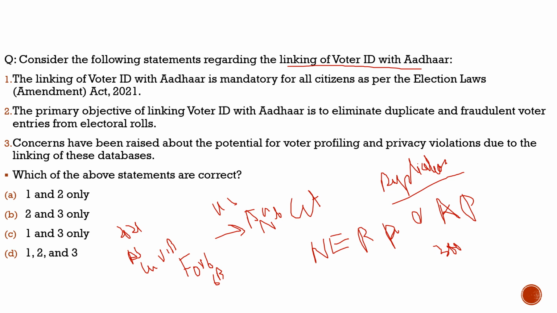Then in 2021, the Representation of the People Act 1950 was amended, and Form 6 and Form 6B were brought in for authentication of Aadhaar and for giving Aadhaar if you are a first-time voter.